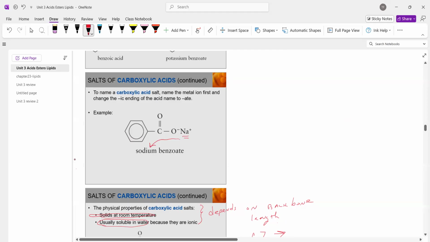And then we substitute the oic acid part with ate. So this is sodium benzoate. Very common preservative, by the way. You'll see that all over the place.